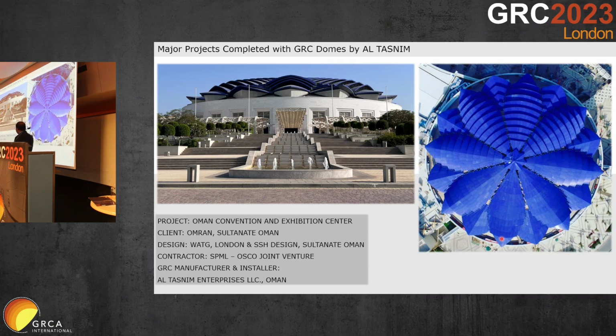This is the convention center. This is 103 meter diameter with petal roof and on the steel structure. Of course, these are not a structural slab or something. These are only a decorative element. You have a standing seam roof underneath, and there were penetrations coming through the roof of the steel, and then secondary steel was there on which the GRC were placed.